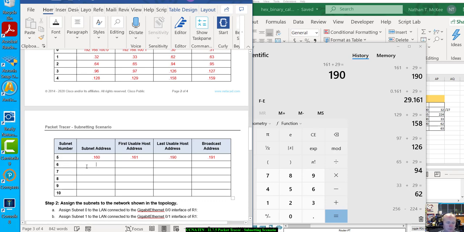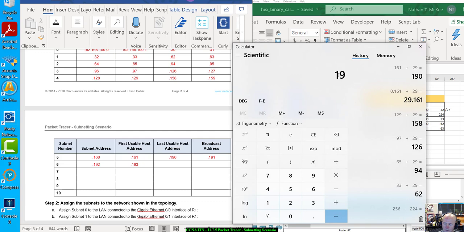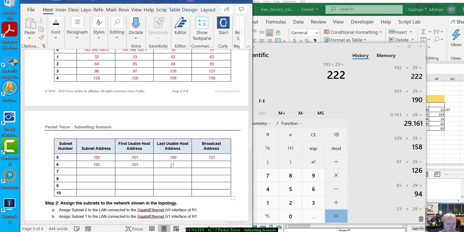All right. .192. .193. All right. 193 plus 29 more is .222, .223. All right.